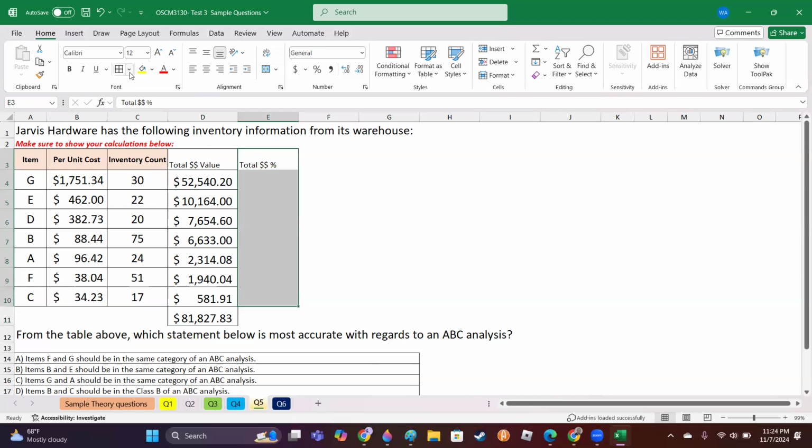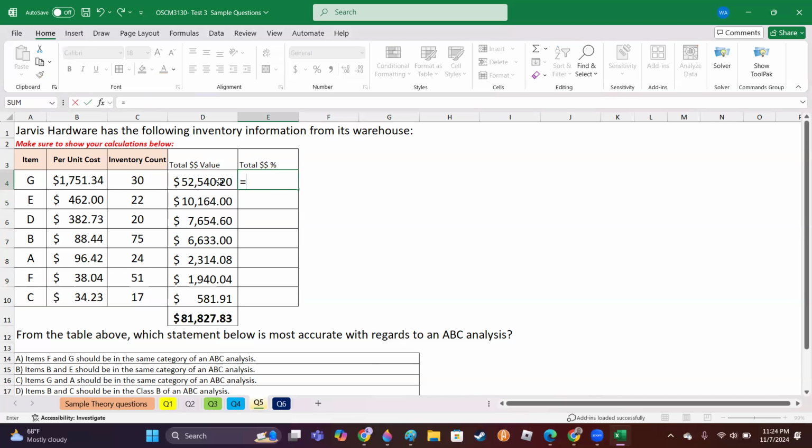So I am going to take whatever value I have here and divide it by the sum total at the bottom, starting with product G. So this is 52,540.2 divided by the total, which is 81,827.83. And this is supposed to be a percentage, so I'll change it to a percentage. 64%, drag it all the way down.